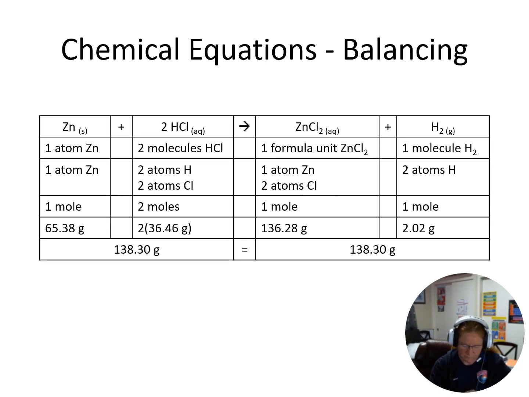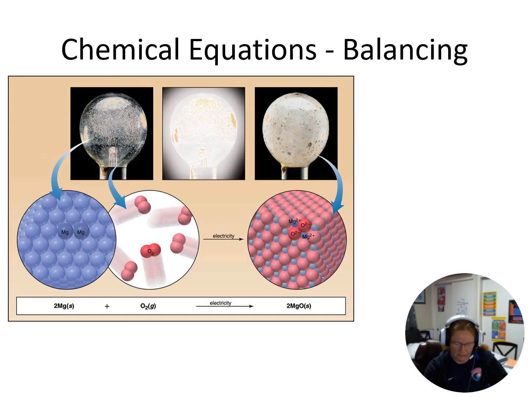We can go through all of this. If I count out the masses involved in this particular zinc reaction, the mass of my reactants equals the mass of my products. And here's a picture of magnesium burning in oxygen, giving us magnesium oxide.